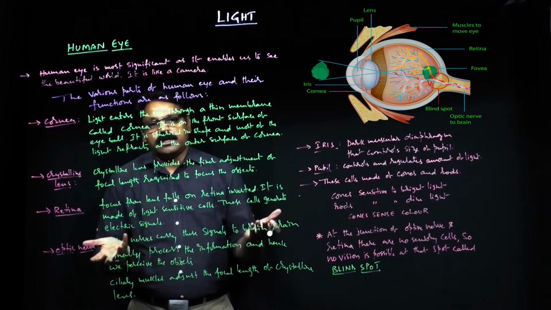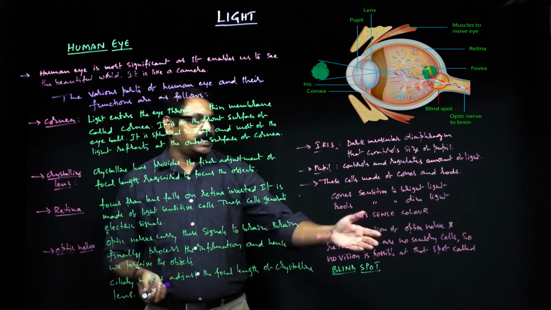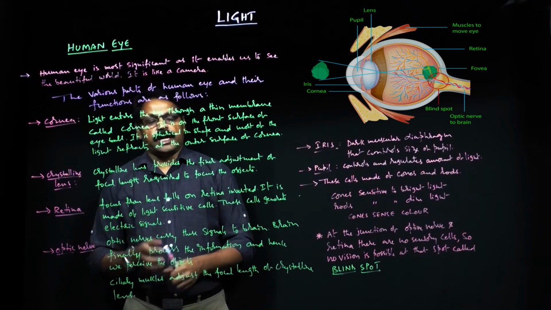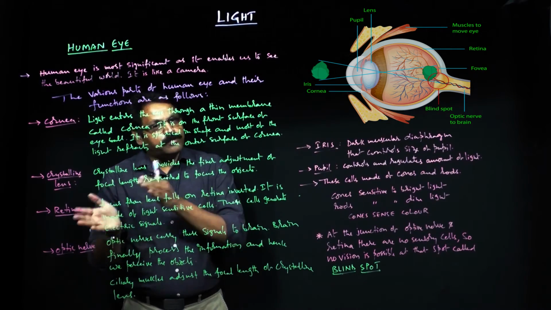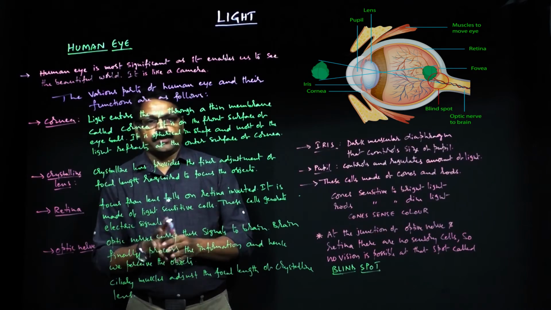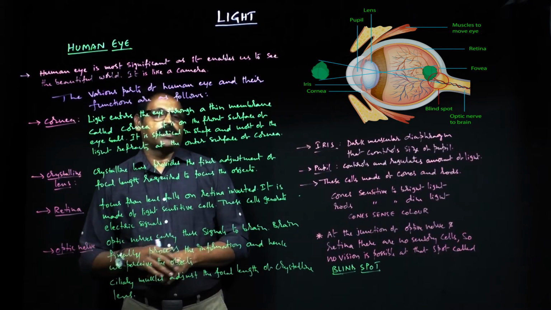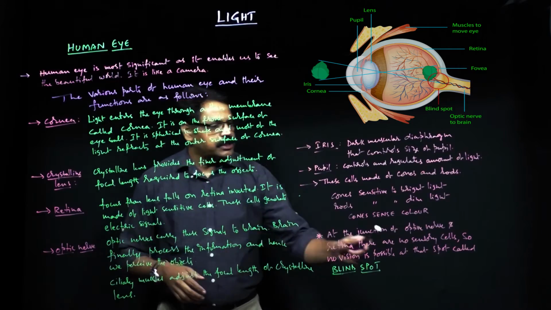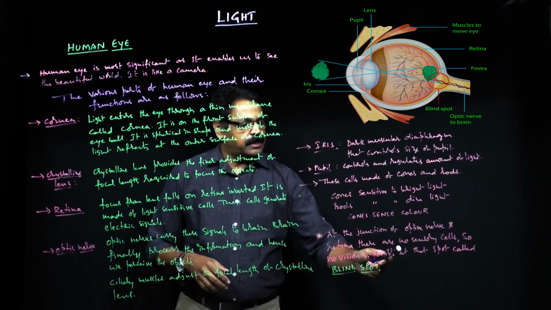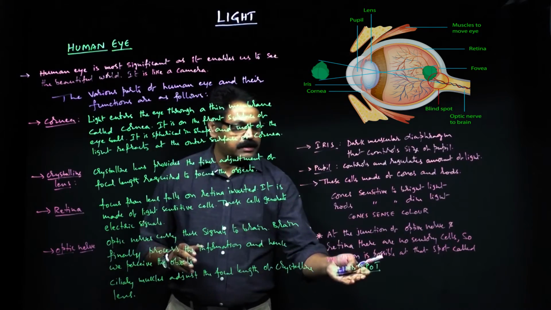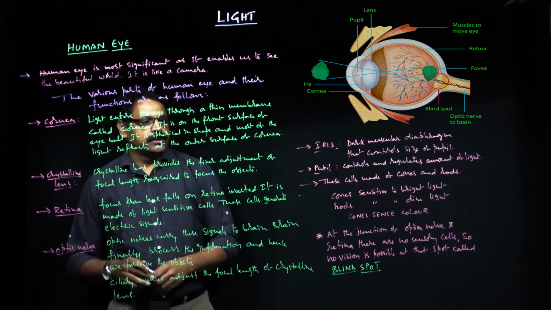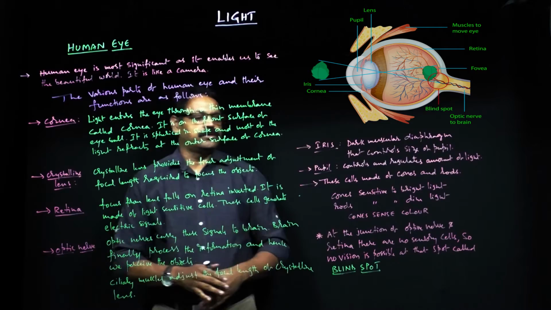So definitely when there are no sensory cells, there won't be any vision over there. So that is what is called the blind spot. People are blind because the focus is falling onto this blind spot. So the junction of the optic nerve and retina, where you don't have any sensory cells, that point is called the blind spot. So this is one definition you need to remember.